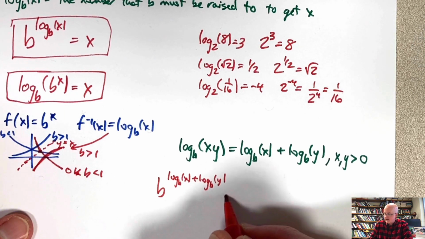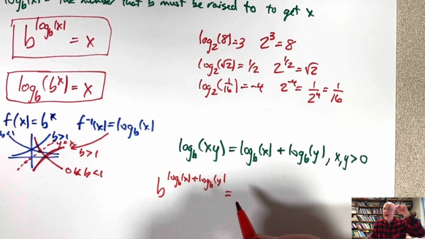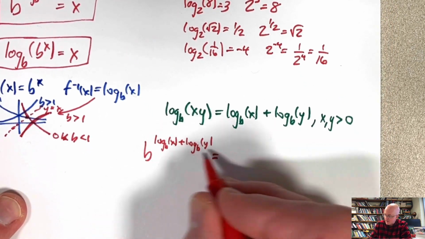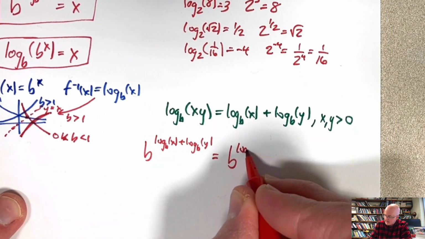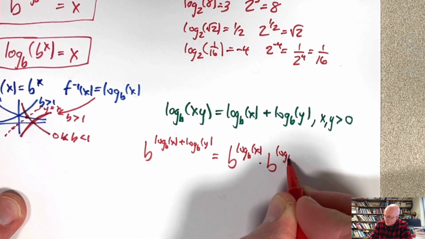The reason is because there's a property of exponents that says when you take a number and raise it to the sum of two numbers, then that thing that you get is equal to the original base to the first number times the original base to the second number. In this case, b to this sum is b to the first power times b to that second power. Why does that work?